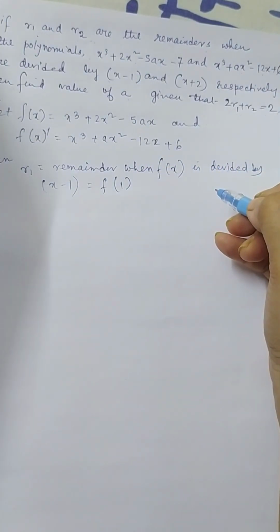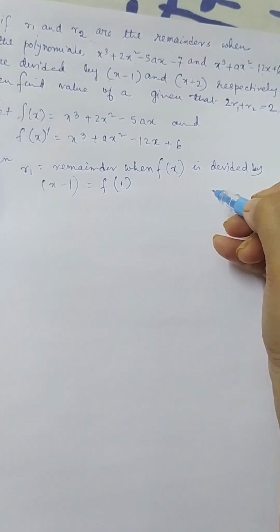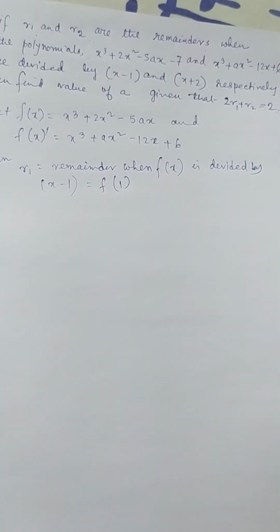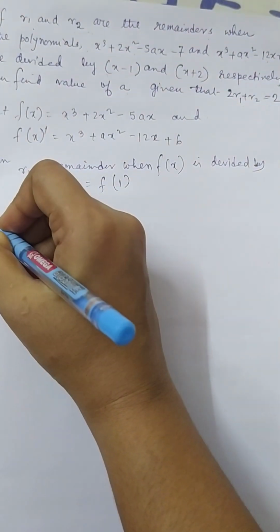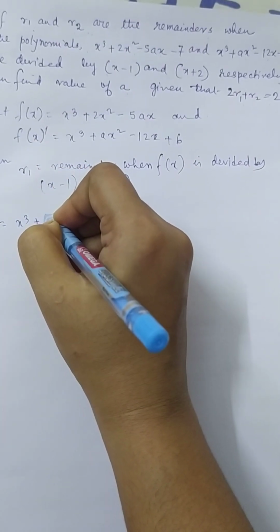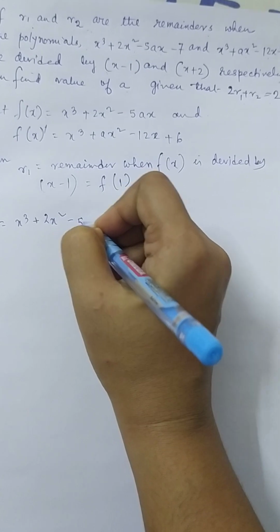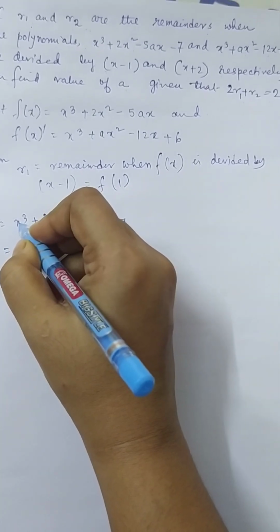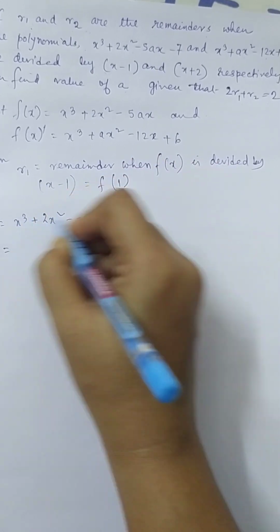So I will put the value of x as 1 in the first polynomial. R1 will be x cube plus 2x square minus 5ax minus 7. So I will put the value of 1 in this polynomial.